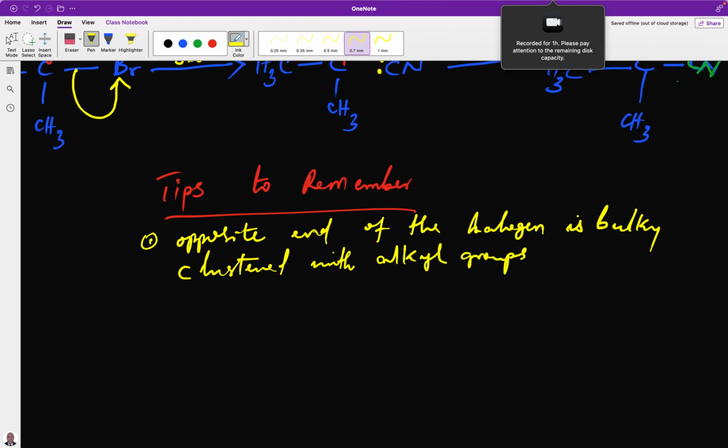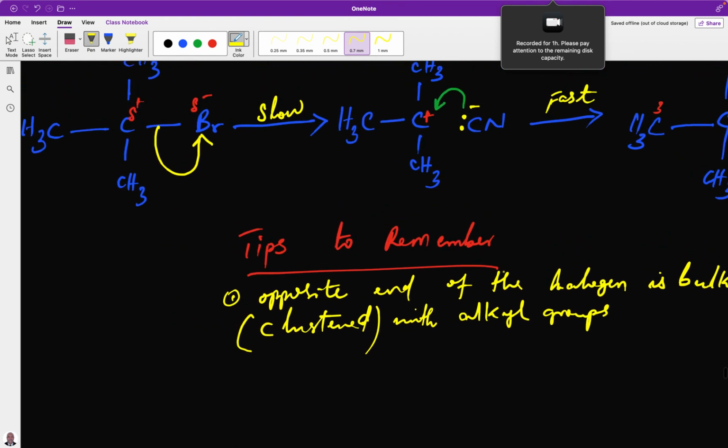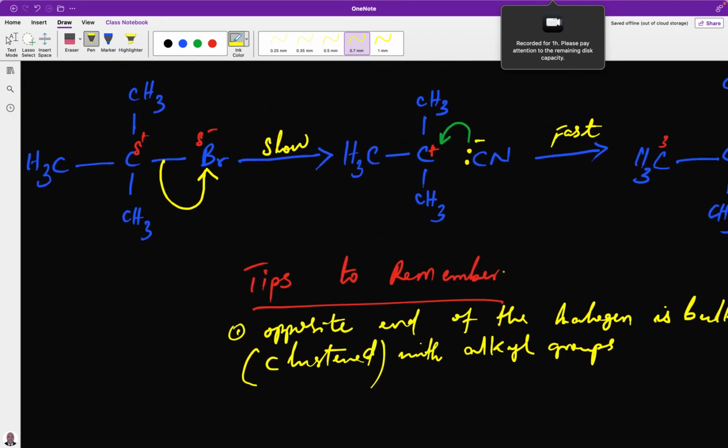The opposite end of the halogen is bulky, or you can say it is clustered with alkyl groups. When there are many alkyl groups, what happens? They help to prevent the nucleophile from attacking from the opposite end. For instance, here, the opposite end, this is the bromine.